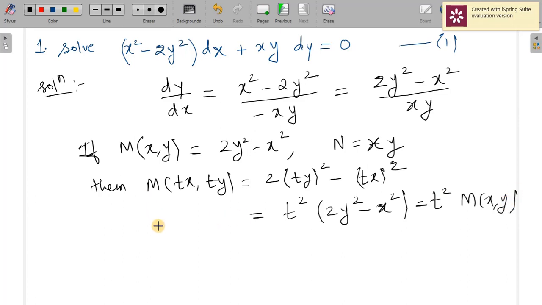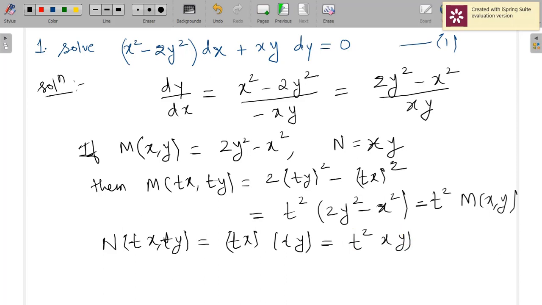So that means M is a homogeneous function of degree 2. In the same way, if I see N of tx, ty, where N is xy, you just replace x by tx and y by ty. I get t² xy, which is the same as t² N of x, y.